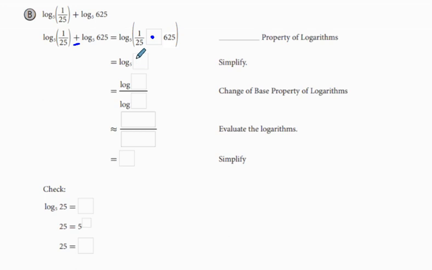So for that, we have log of 1/25 times 625, and 625 divided by 25 is 25. And so what this is going to be is log of 25 over log of 5.